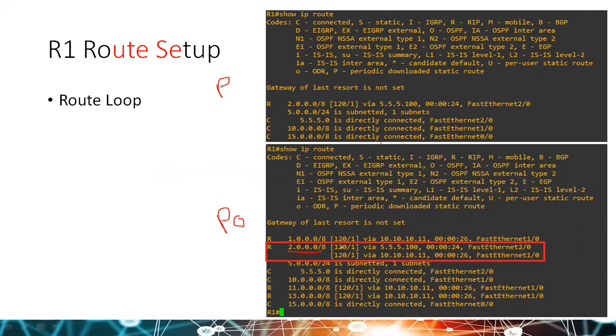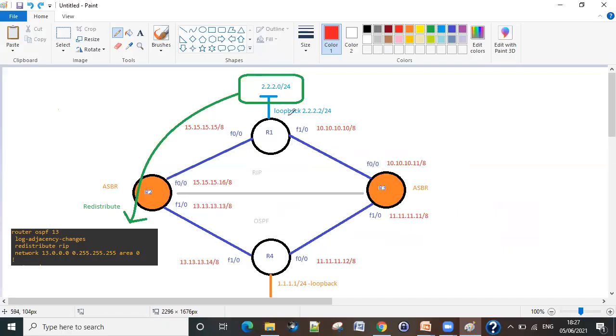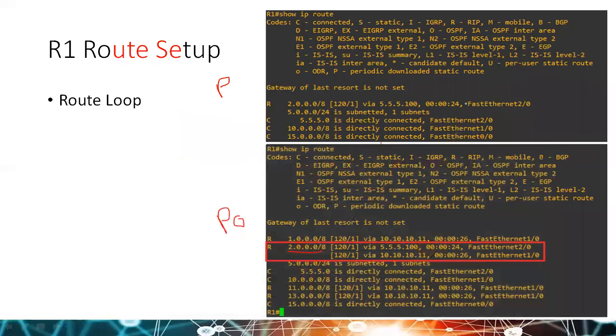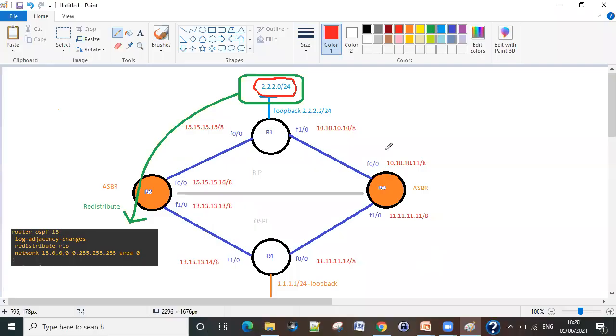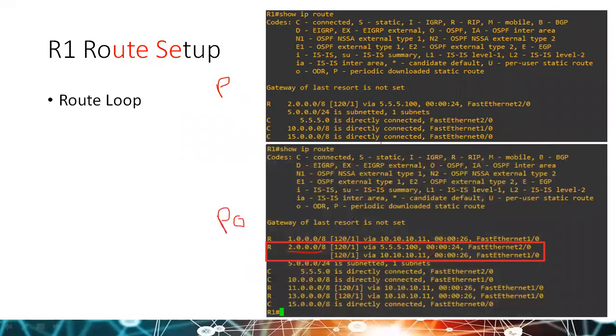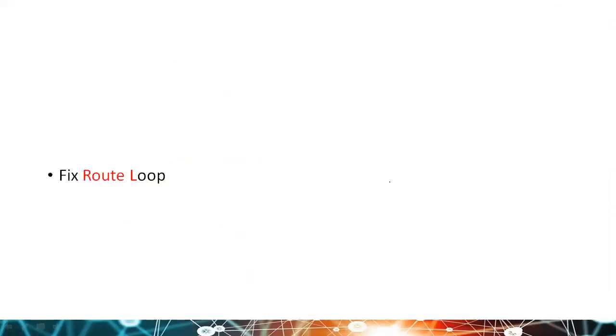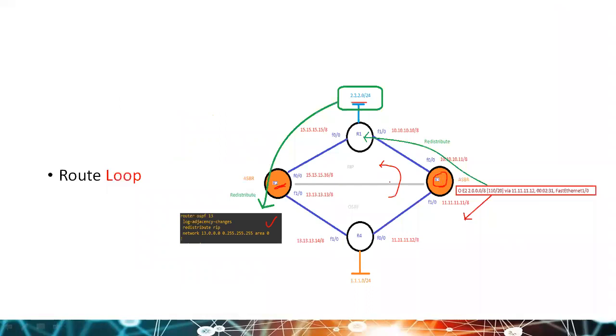So with the post-change, R1, which is the northbound RIP only router, which earlier had direct connectivity to the 2.0 network, now sees an entry via 10.10.10.11, which is nothing but R3, with a higher metric, because when we redistributed it, we gave a redistribute command with a higher metric.